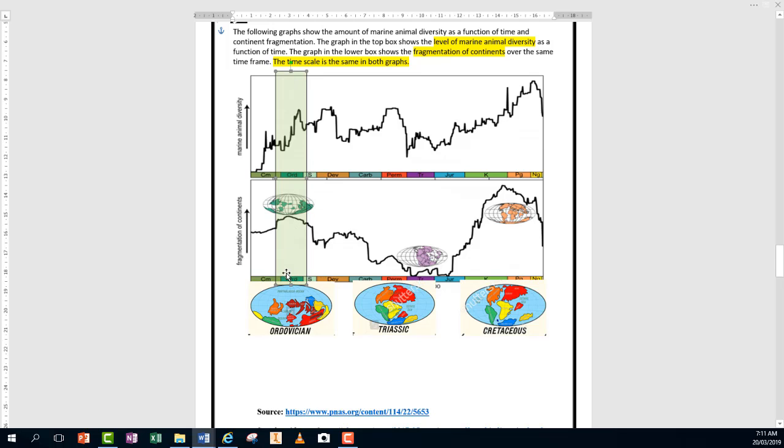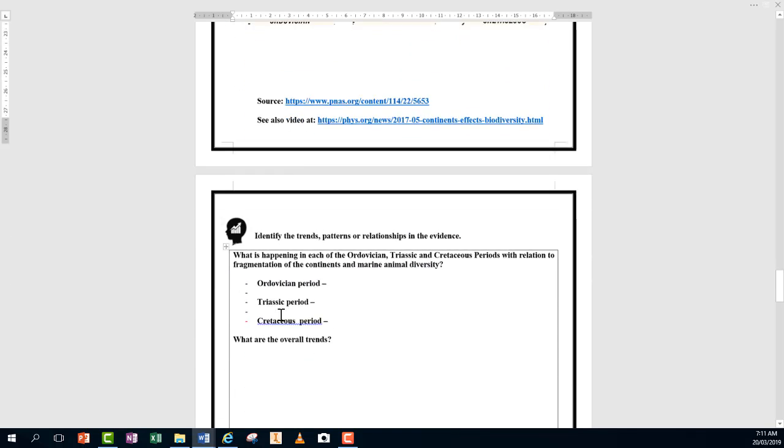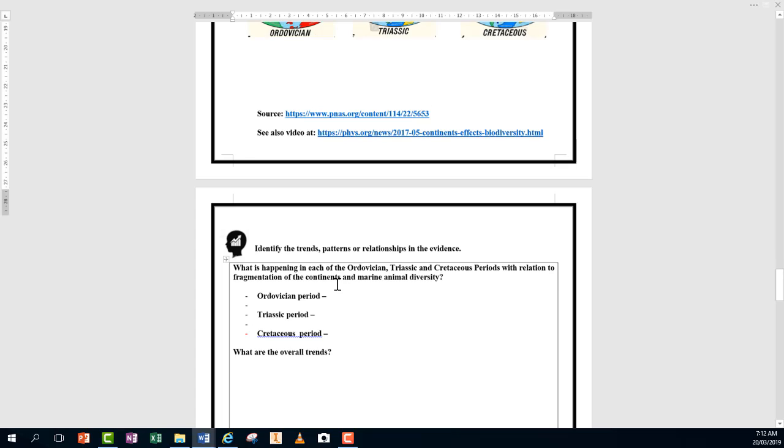So here in this little section, the Ordovician and a little bit either side, what's going on? You can see this graph has moved upwards, and after that stage it starts to move downwards again, but that's moving up. The fragmentation of the continents is showing the graph moving upwards as well. That's in the Ordovician. So what I'd like you to do now is press stop on the video and write down what you believe is happening in the Ordovician period.